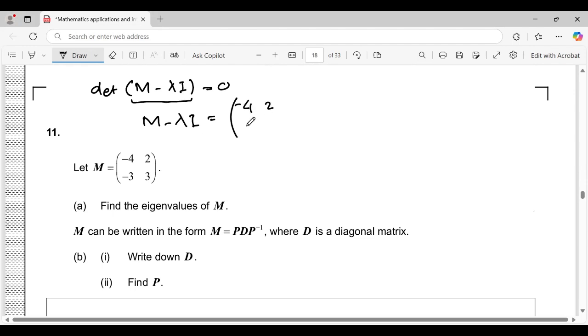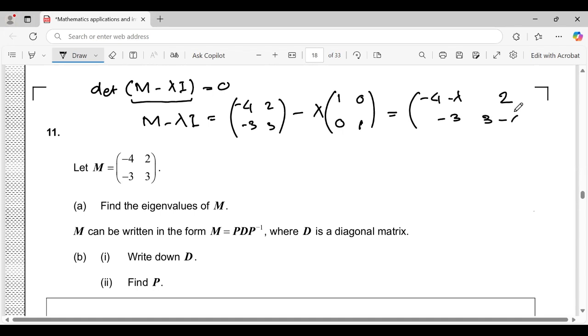M minus lambda I equals this matrix, minus 4, 2, minus 3, 3, minus lambda times the identity matrix 1, 0, 0, 1, and it equals minus 4 minus lambda, 2, minus 3, and 3 minus lambda.